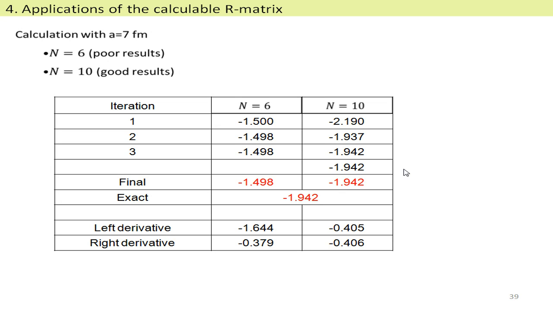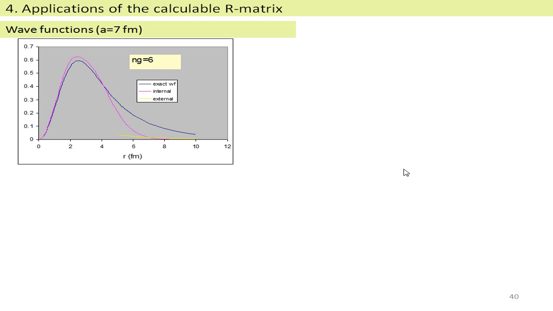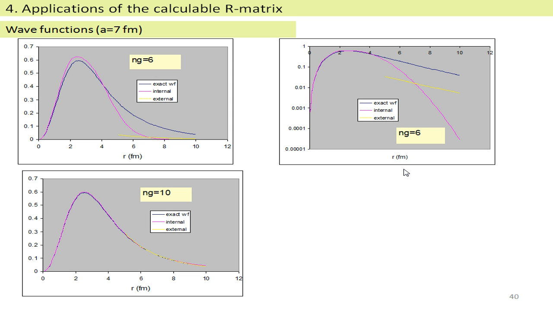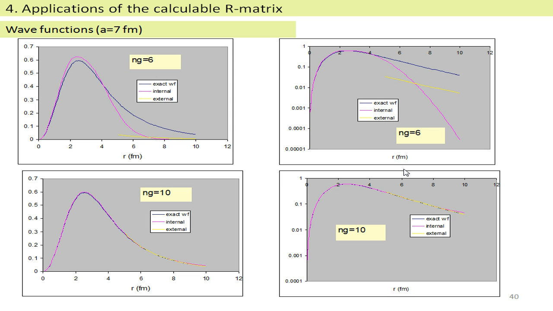And again, you can compute the left and right derivative just to look at the matching of the wave function. And here for n equals 6, the left and right derivatives are very different. And for n equals 10, they are almost identical, so you are in the right condition. And again, you can plot the different wave functions. So this is n equals 6.